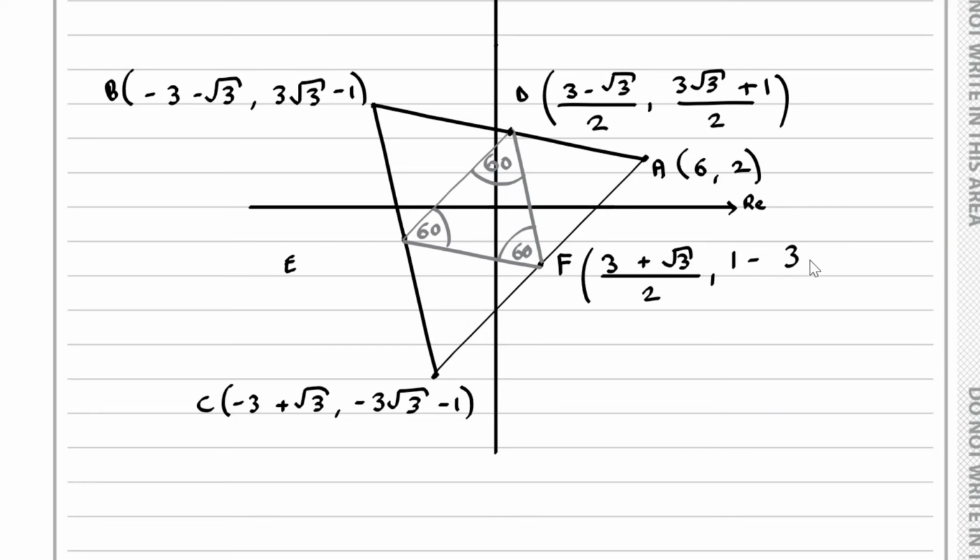We have 1 minus 3 root 3 over 2. And for E, we have minus root 3 minus 3 minus another 3 minus root 3 plus root 3, and then divide that by 2. We have minus 3, and then here 3 root 3 and minus 3 root 3 cancel, so we just get minus 1. Okay, minus 1 plus minus 1 over 2.